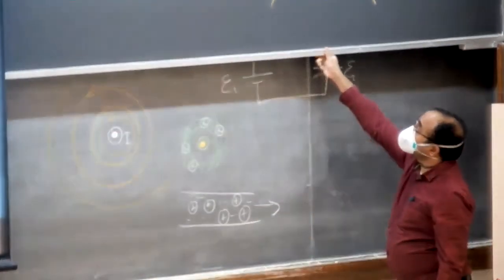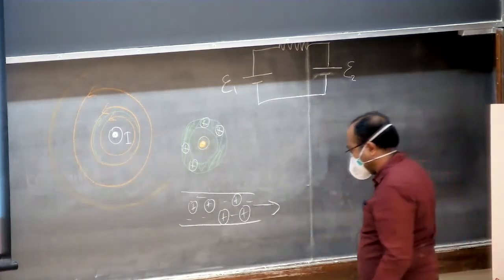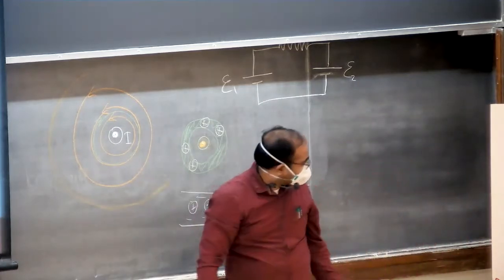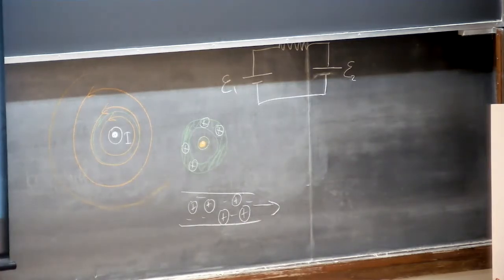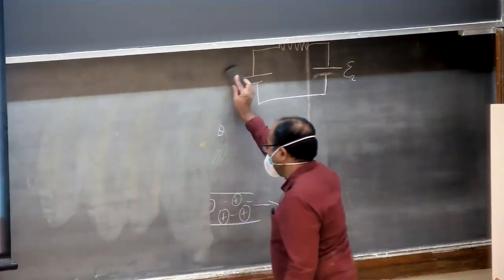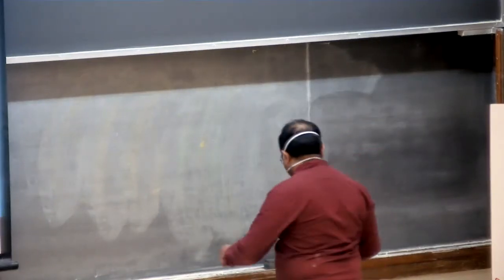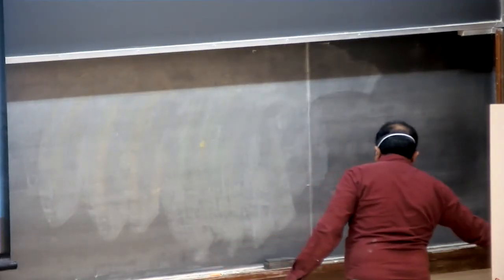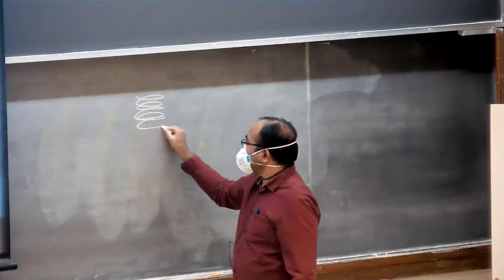And now you can imagine doing this for several loops of wire tightly packed. And so then we end up with something called a solenoid. A solenoid is basically just a spring structure.